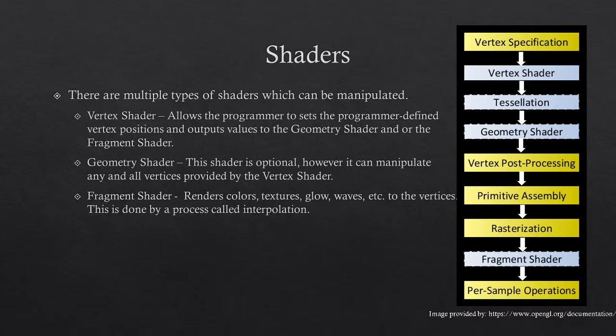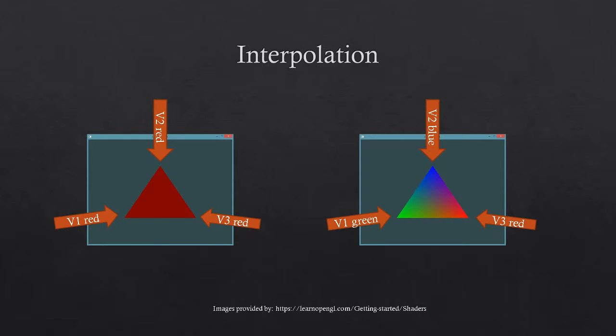It doesn't draw triangles, sometimes it does, depending on your computer, but it doesn't draw any lines between these vertices. It literally just draws a dot on the screen. And then the fragment shader, that's when it draws the lines between these points, and it renders colors in between. And it does this by a process called interpolation. So we can do something like glow effects, textures, and waves with this fragment shader.